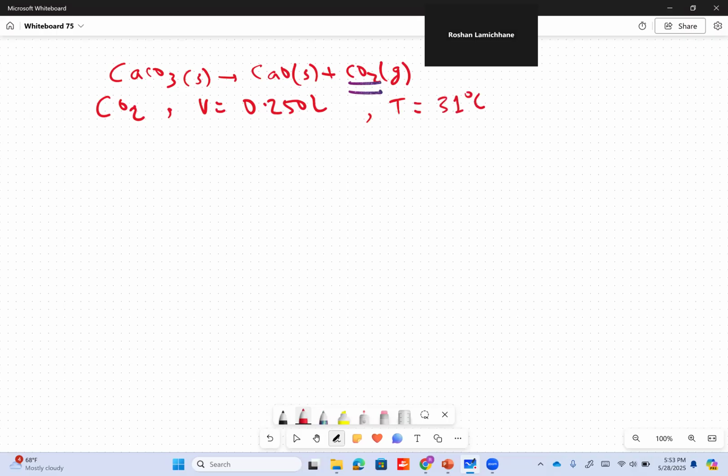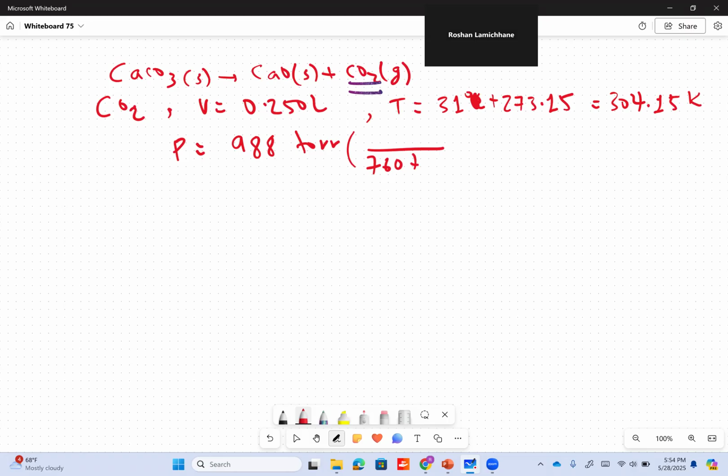You convert that to Kelvin by adding 273.15, and that will give me 304.15 Kelvin. The next value that is given to me is the pressure. Pressure is given to me as 988 torr. I know my conversion factor: 1 atm is equivalent to 760 torr. And then my pressure ends up being 1.3 atm.